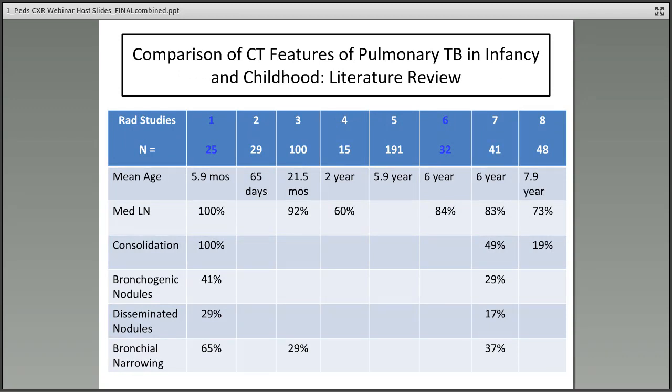Similarly, on CT, the findings are the same, in that mediastinal adenopathy and consolidation are very common from 6 months to 8 years of age. Bronchogenic nodule, disseminated nodule, and bronchial narrowing are better seen on CT than chest radiograph.